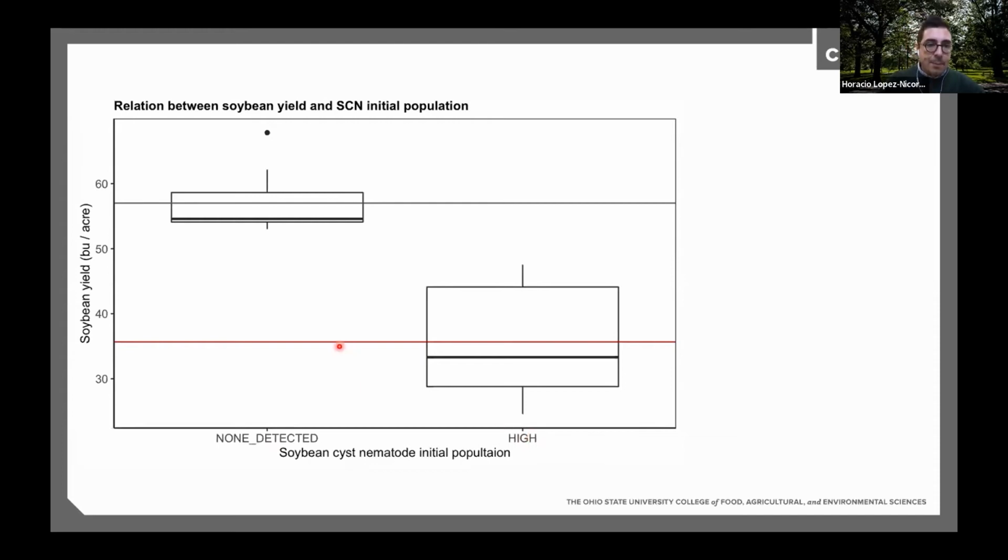So I put two lines here, and this indicates the average for those plots. So you see when there is no soybean cyst nematode detected, those plots were yielding 57 bushels per acre. However, in fields above damage threshold, we see that on average, those fields were yielding 35 bushels per acre.